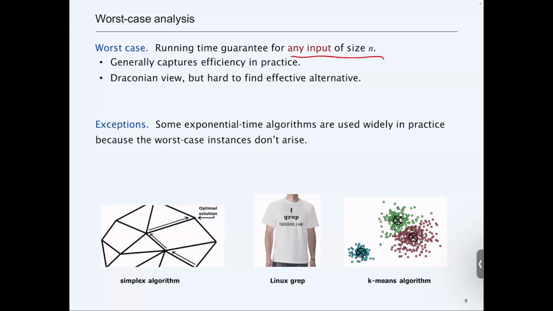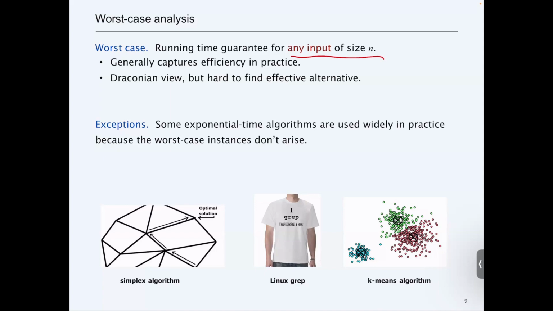Admittedly, this is a somewhat pessimistic, very harsh view of algorithms, but worst case analysis gives us very strong guarantees. If I tell you that some algorithm runs in, say, big O of n log n in the worst case, then you know that it's never going to suddenly become exponentially bad.